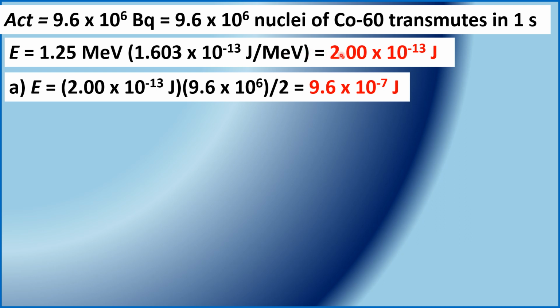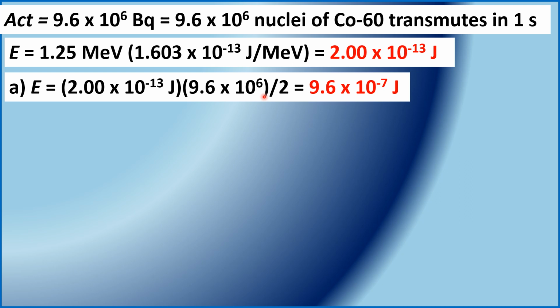Based on the activity of the cobalt-60 source, which we have determined in becquerel, we need to multiply this amount of energy, already converted to joules, by the number of transmutations, or disintegrations, equivalent to 9.6 times 10 to the 6 nuclei of cobalt-60.